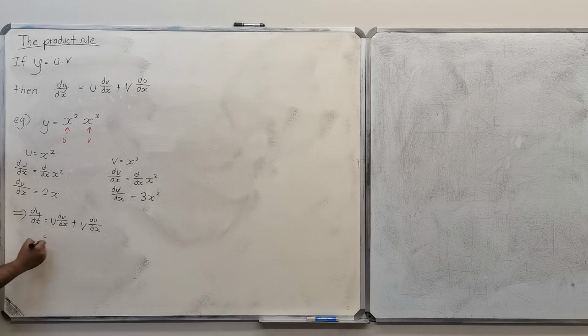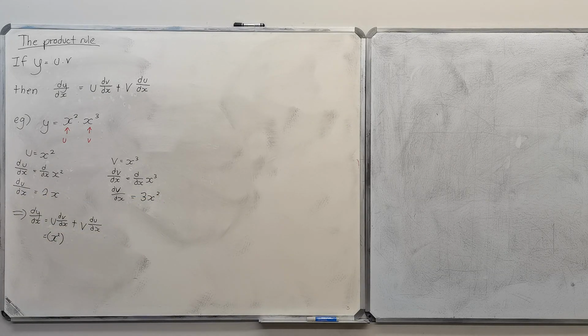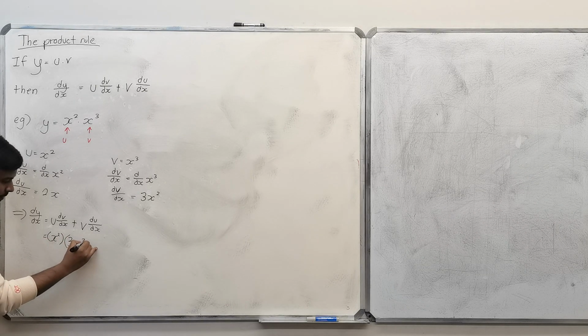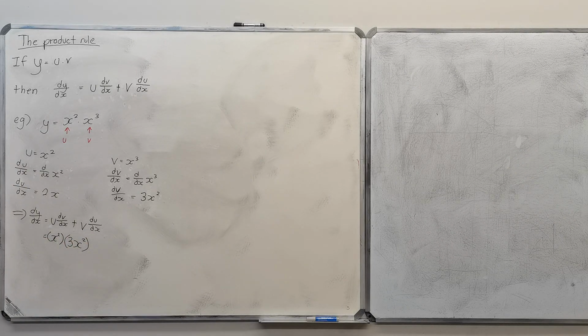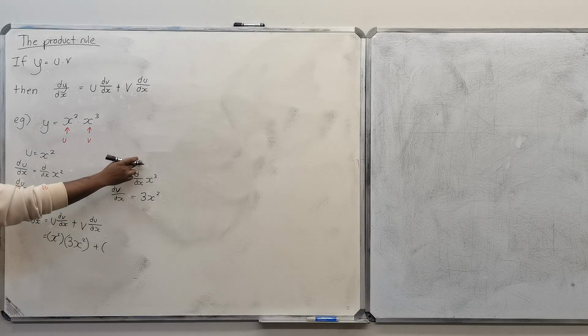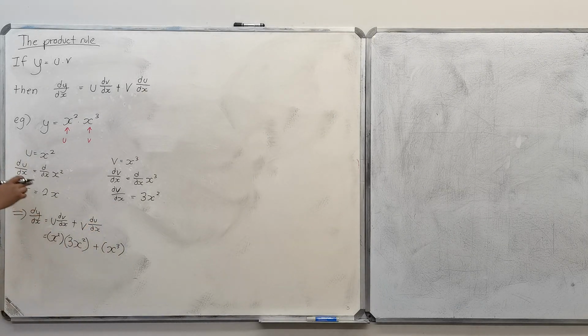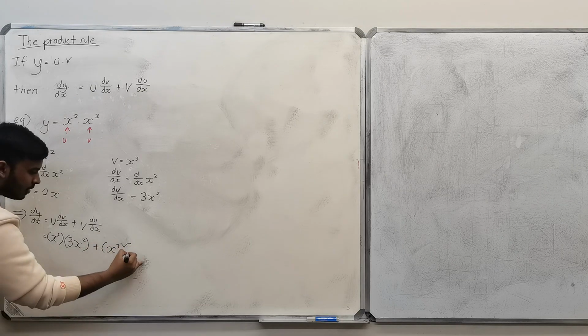Substitute. u is x squared, dv over dx is 3x squared, plus v is x cubed, du over dx is 2x.